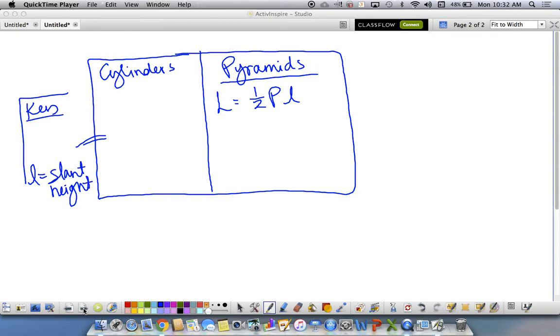So we'll find the perimeter of the base times the slant height, and then take half of it. Perimeter of the base times the slant height times the half. Okay?